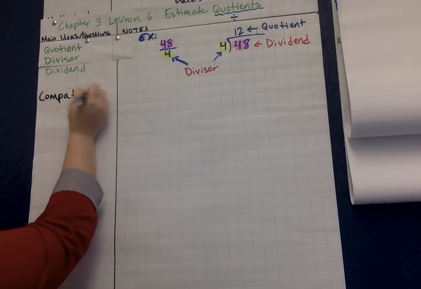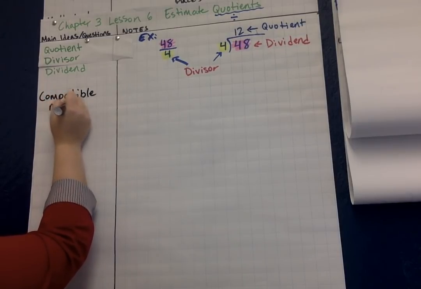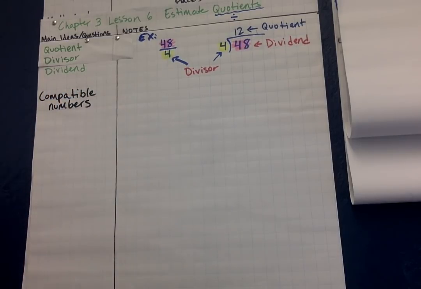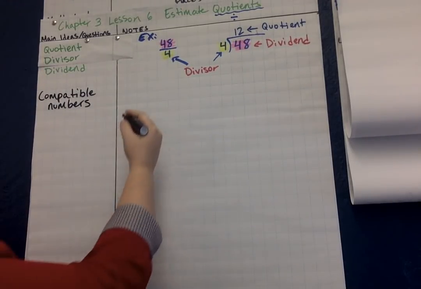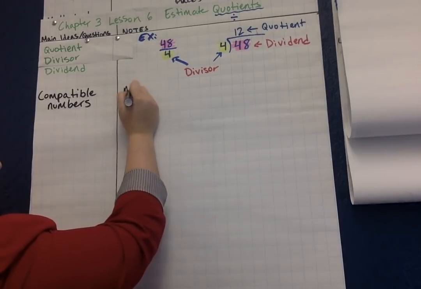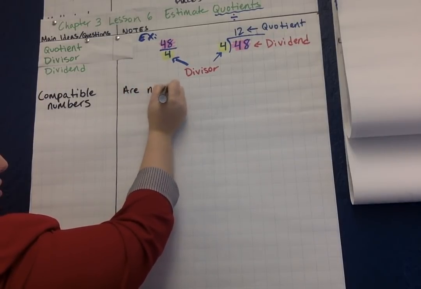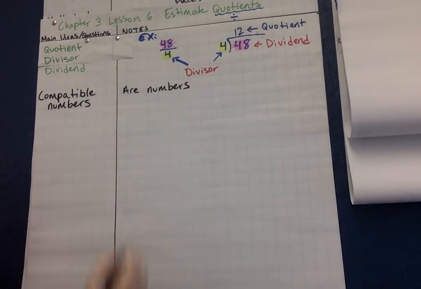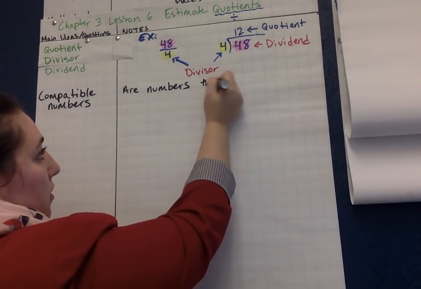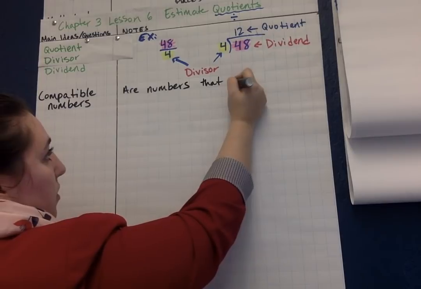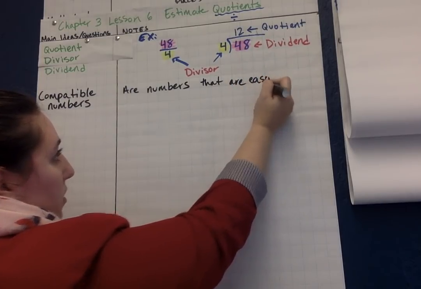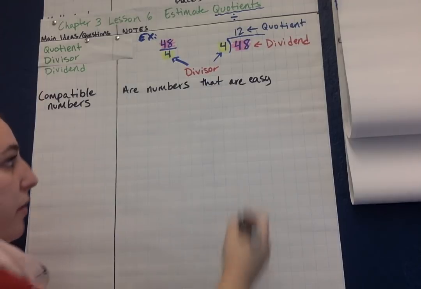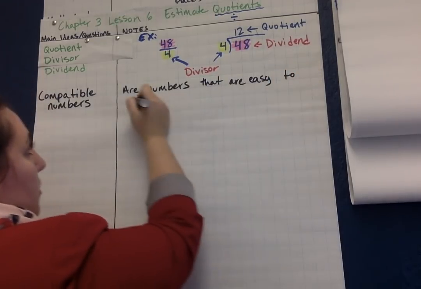Compatible numbers. Compatible numbers means they are numbers that are easy to divide mentally.